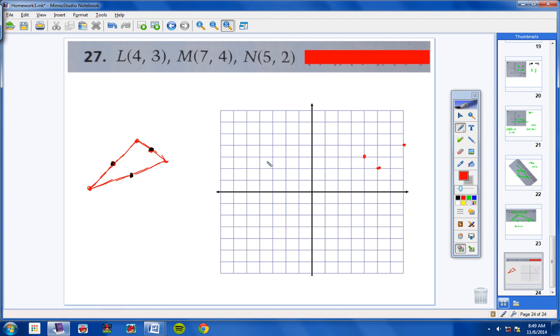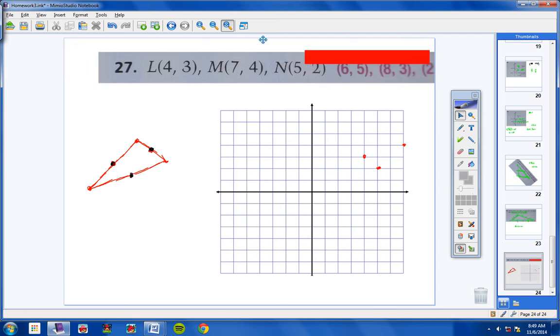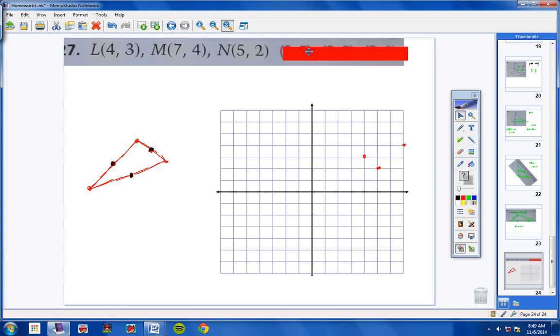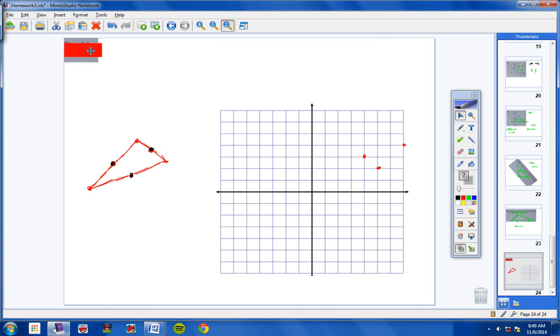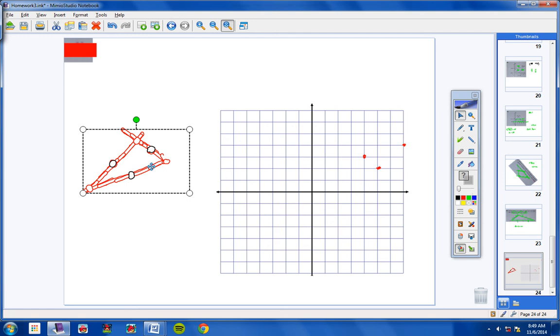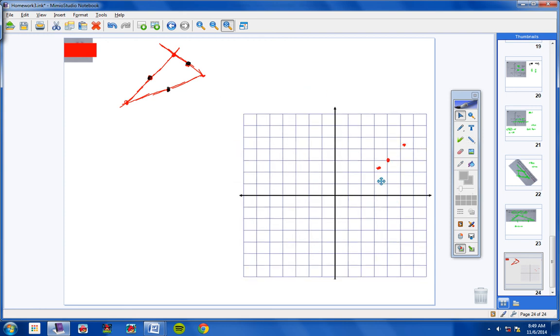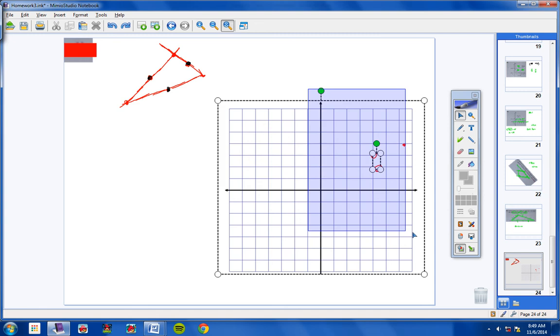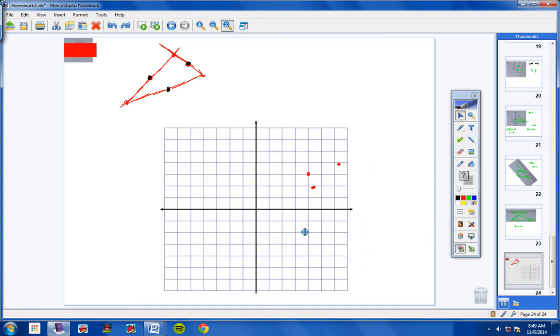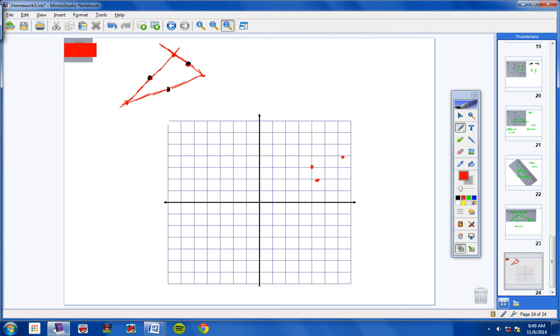So look. Think about it, students. I'm probably going to need a little more room here. Let me slide this out of the way real quick here. Now look, students. If I draw this segment here like this, it's going to be parallel to this side here.